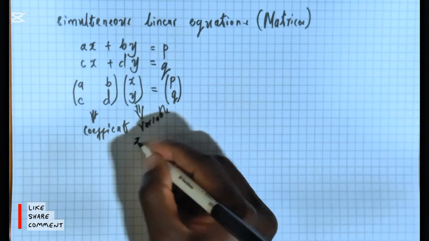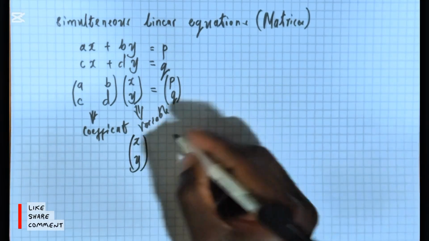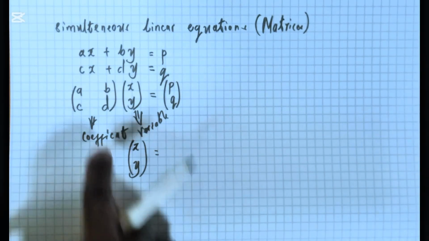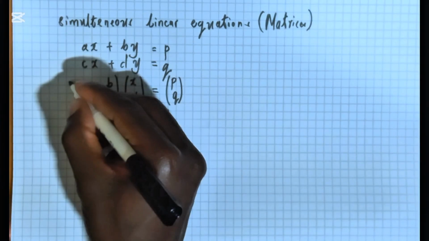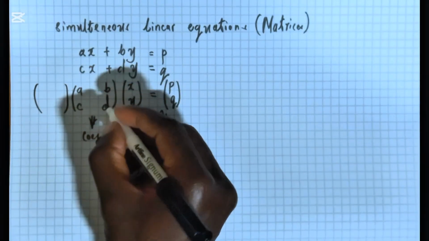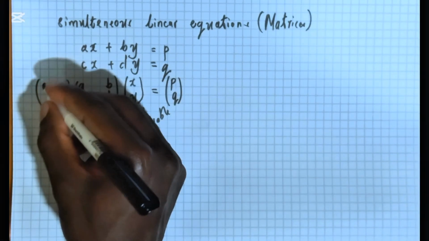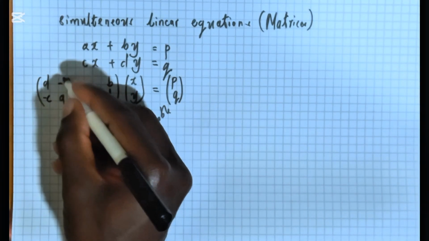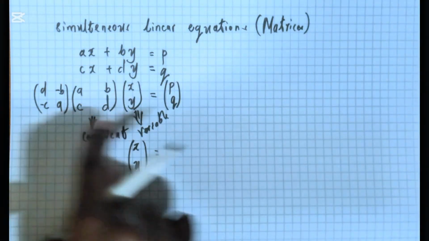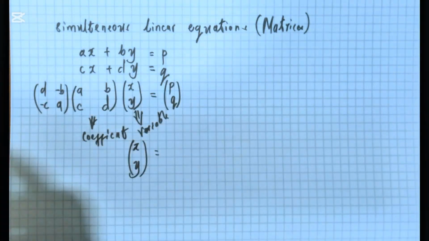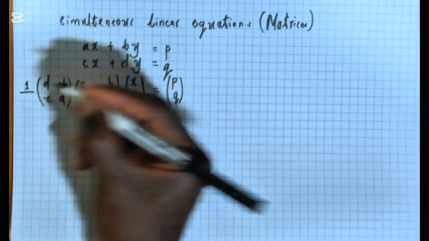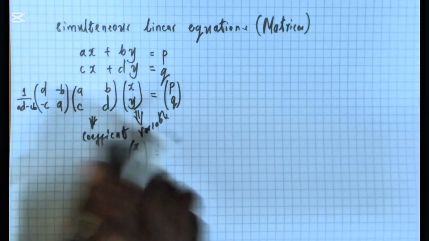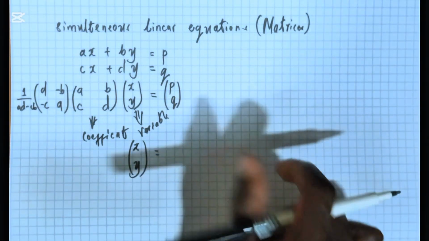So basically, we are going to have that x, y will be equal to, when we multiply this matrix here by its inverse, we're going to have a and d interchanging each other, so we're going to have d, a here, and then we're going to negate c and b, so we're going to have negative c and negative b, and of course we're going to multiply the whole thing by the reciprocal of the determinant, and that is going to be 1 all over ad minus cb.